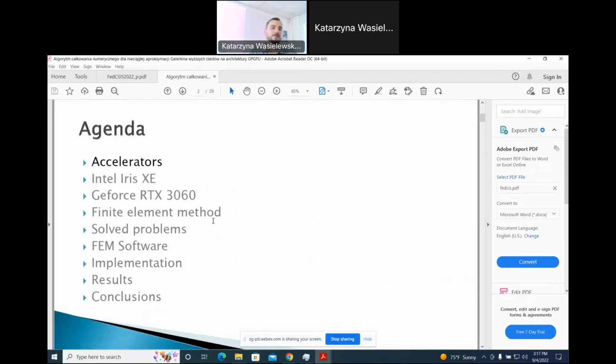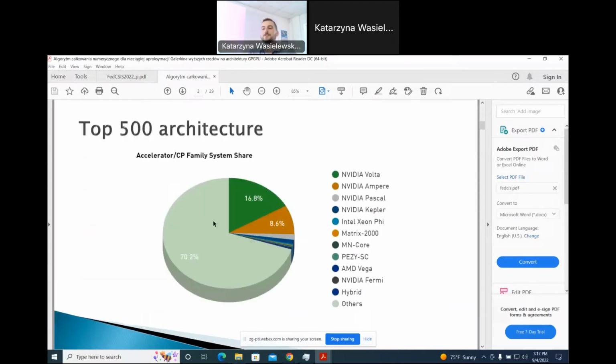At first, I want to tell about accelerators. During the evolution of computer architecture used in scientific computing, we can observe two main trends. The first is connected to increasing the number of computing cores and wide register units in CPUs.